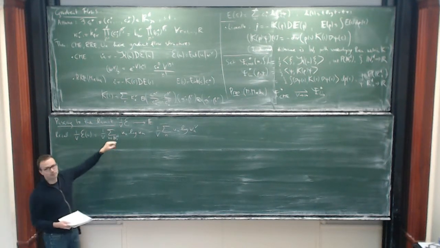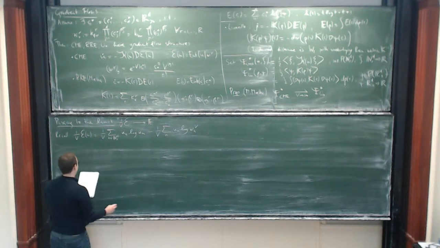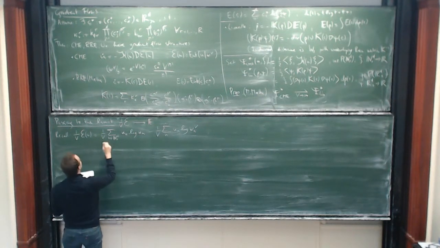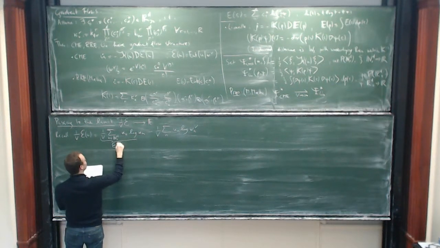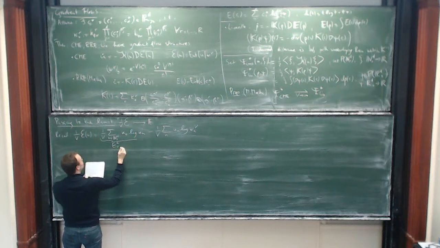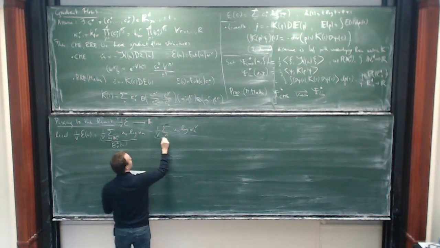So let's see what happens with each of those terms. So maybe let's give them a name. So this is maybe E1, depending on V, of U, and this is E2.